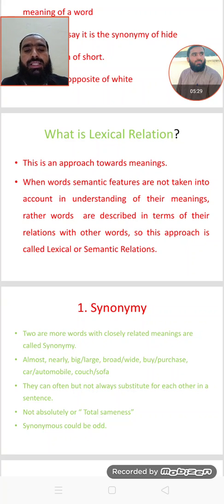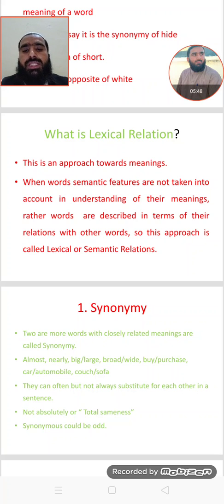So when words' semantic features are not taken into account in understanding their meanings, words are described in terms of their relation with other words.